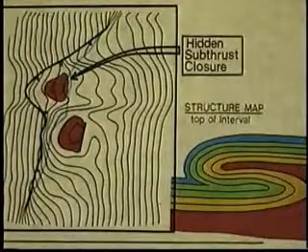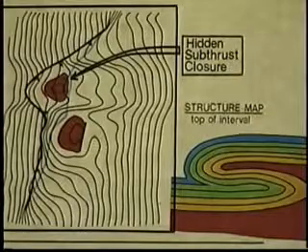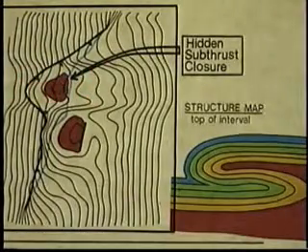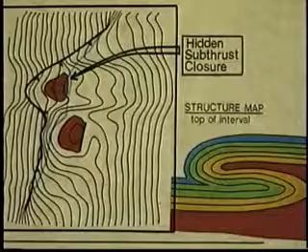The diagram at the lower right helps explain this hidden closure associated with the overturned wrench fold. The diagram corresponds to a dip section through the hidden closure. The closure is hidden and not seen on the map since it occurs on the lower limb of the recumbent fold.